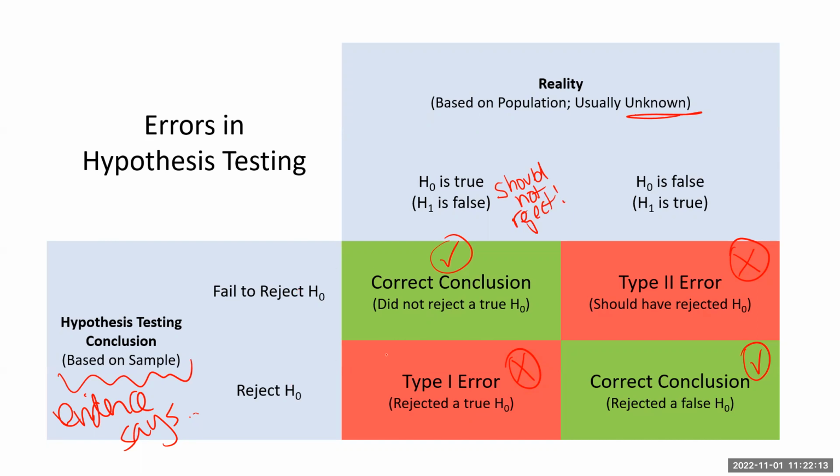But if we reject, we screwed up. On the other hand, if our null hypothesis is false, we should reject it because we should throw it out. It's a garbage hypothesis. It's not true. Throw it out. If we don't reject it, so we don't throw it out, we screwed up. We made a type 2 error. If we reject it, then we did the right thing because we should have rejected it. Okay?